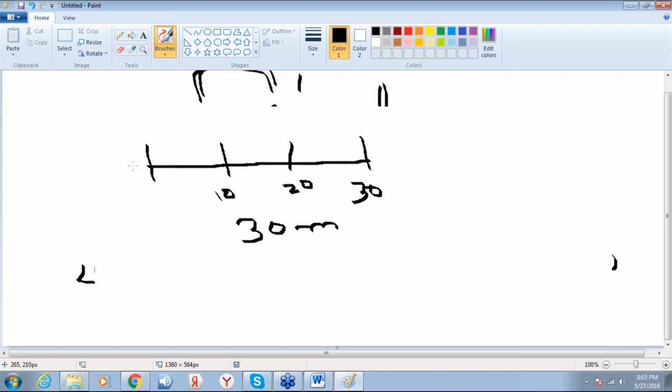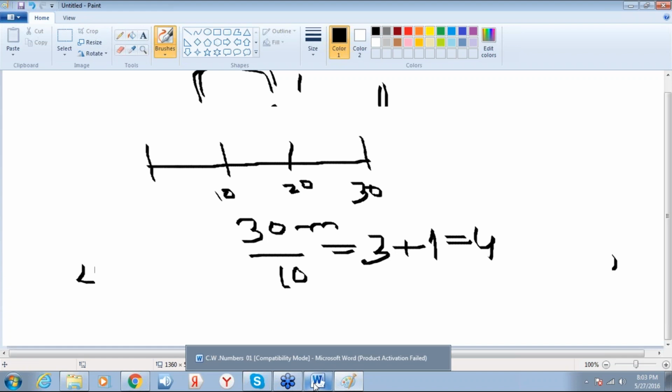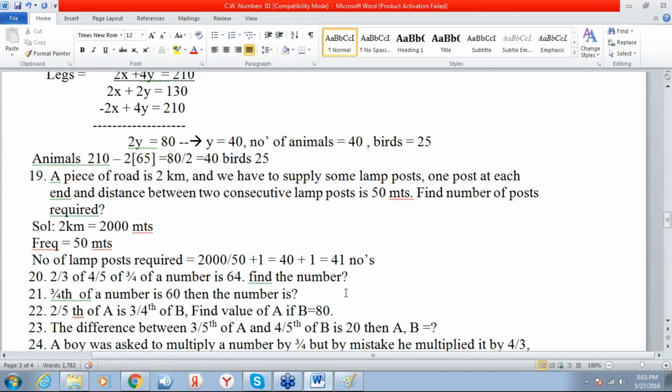For 30 meters, we are placing after every 10 meters. So 30 divided by 10 gives 3. 3 plus 1 is equal to 4. The question is very simple, but we generally commit mistakes. So number of lampposts required are 41. Be careful in this type of questions.